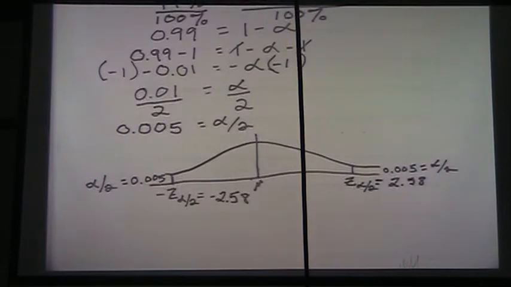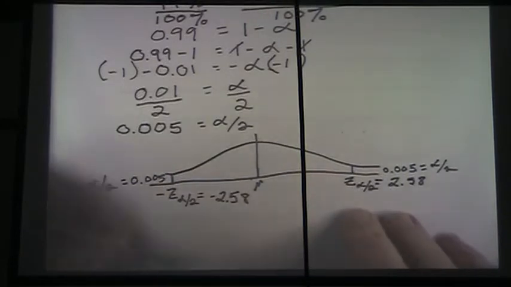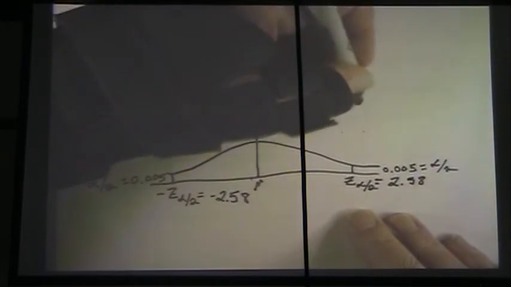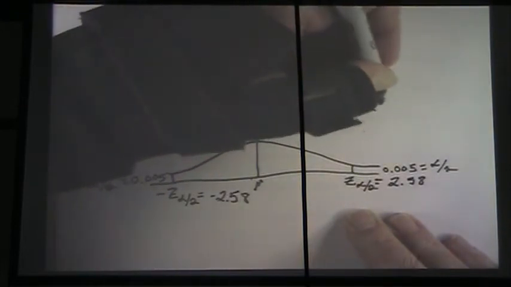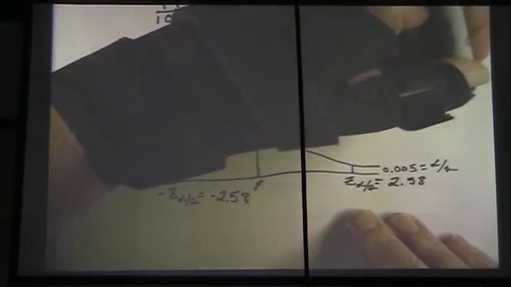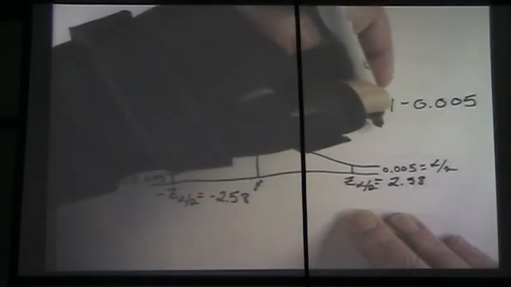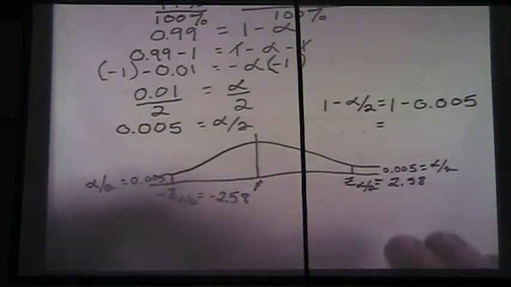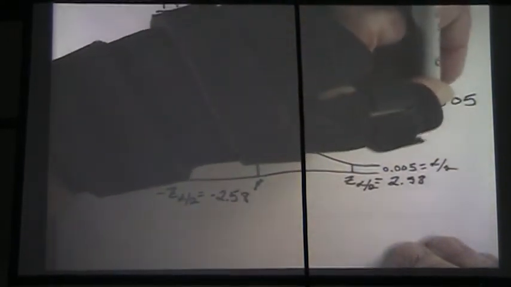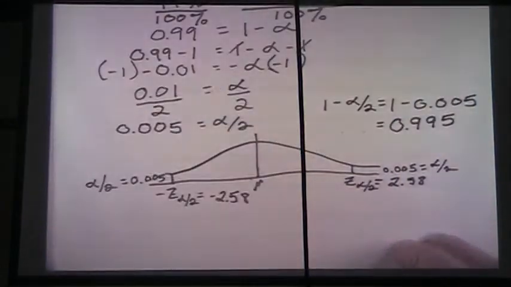All right, just to make sure that you understand, let's go ahead and say 1 minus alpha divided by 2 equals 1 minus 0.005. That is going to be equal to 0.995.